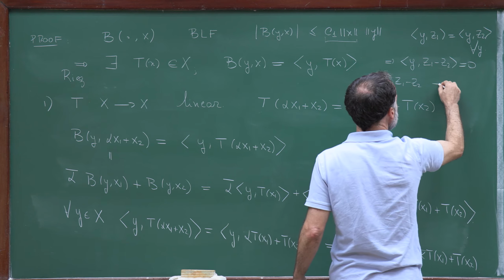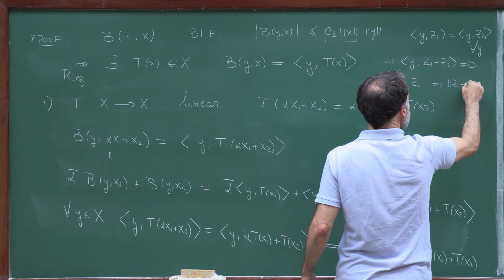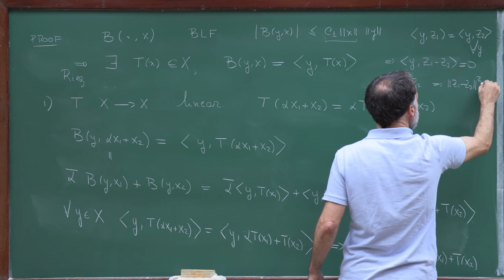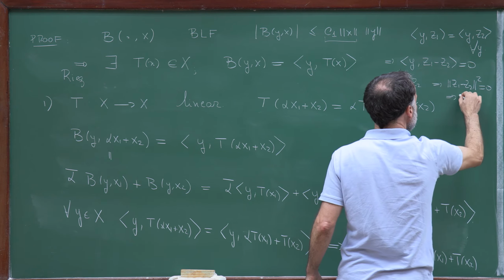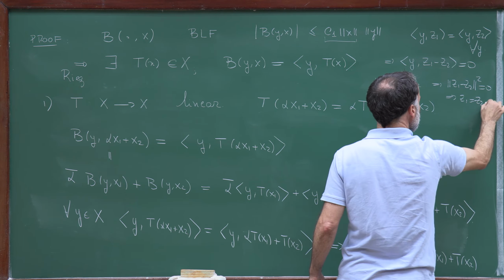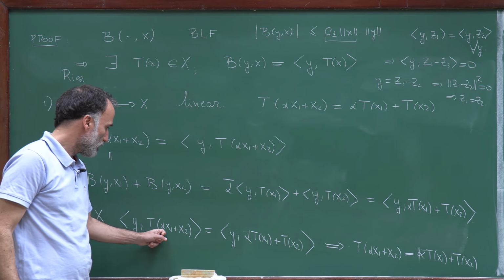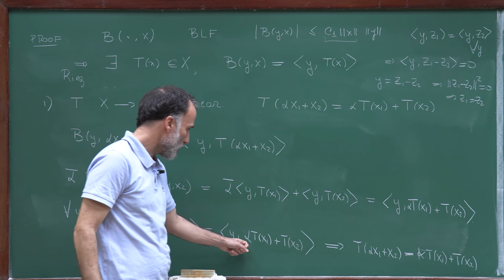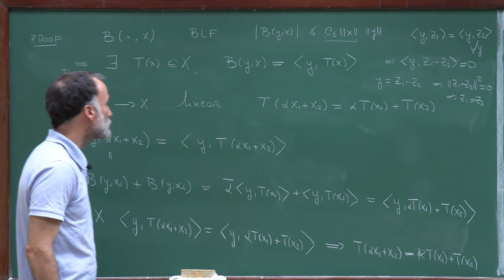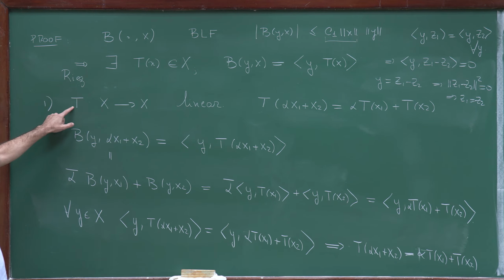From this we get that the norm squared of z1 minus z2 is equal to 0, and this implies that z1 is equal to z2. So this is what I'm using to conclude here that T(αx1 + x2) is equal to αTx1 + T(x2), and therefore that T is linear as I claimed.